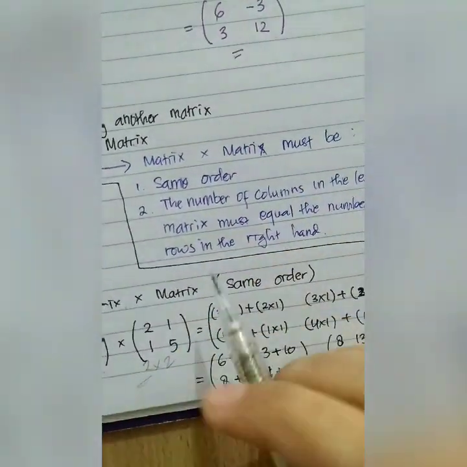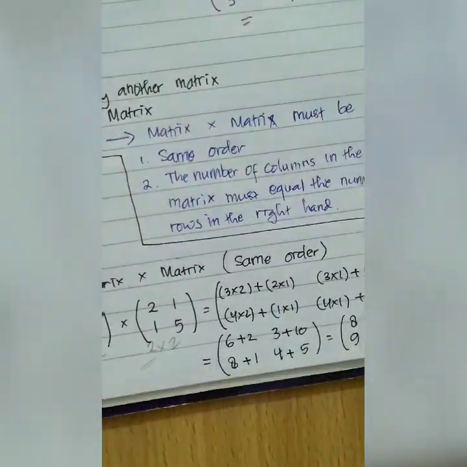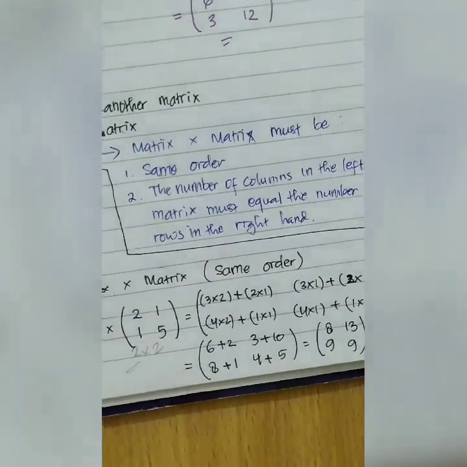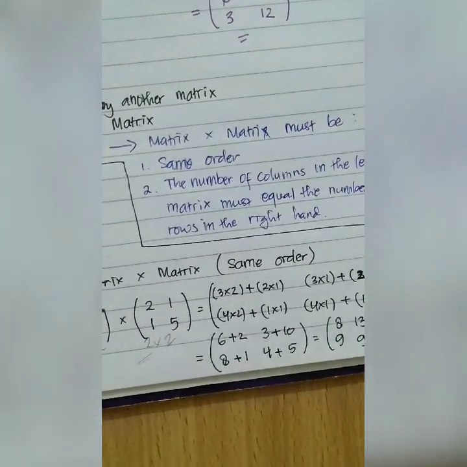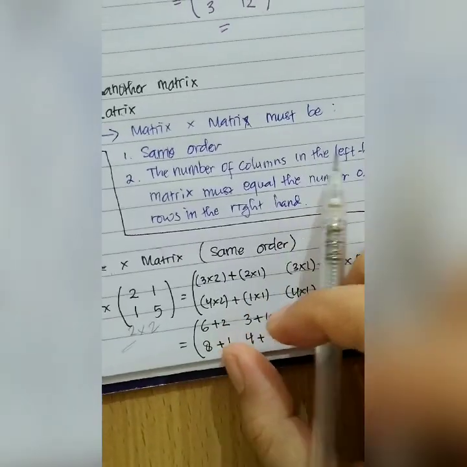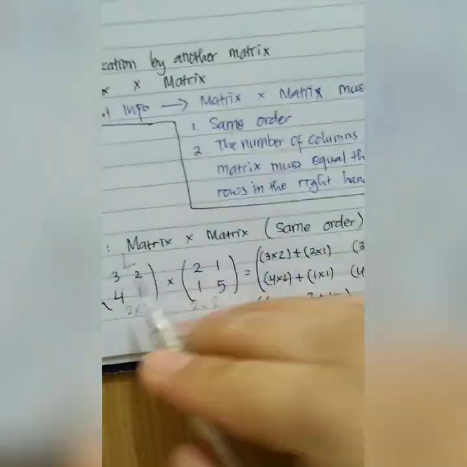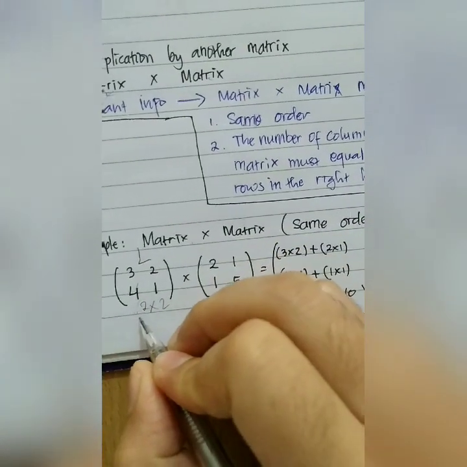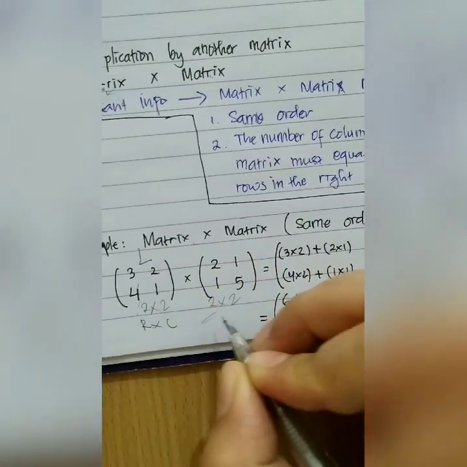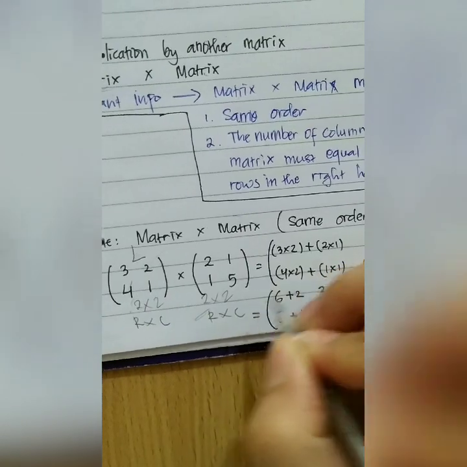In other cases, if the matrices do not have the same order, the requirement is that the number of columns in the left hand, this is the left one, must be equal to the number of rows in the right hand. Remember, it's row times column.